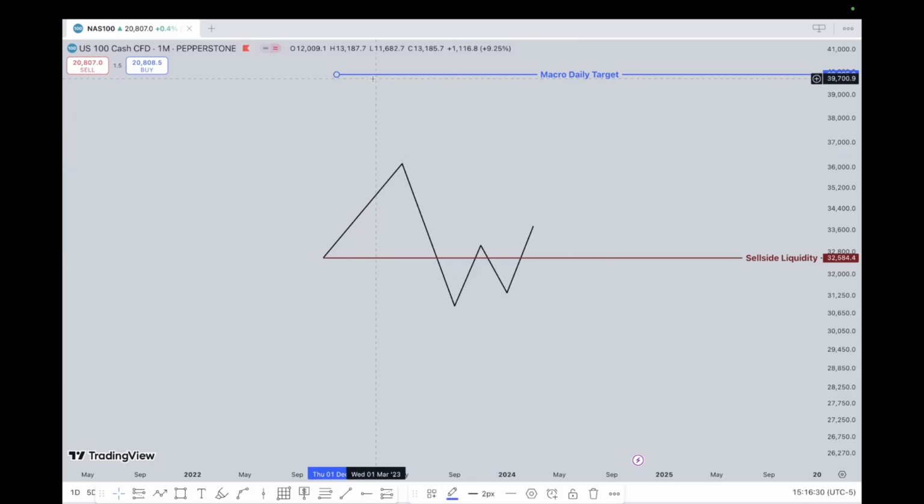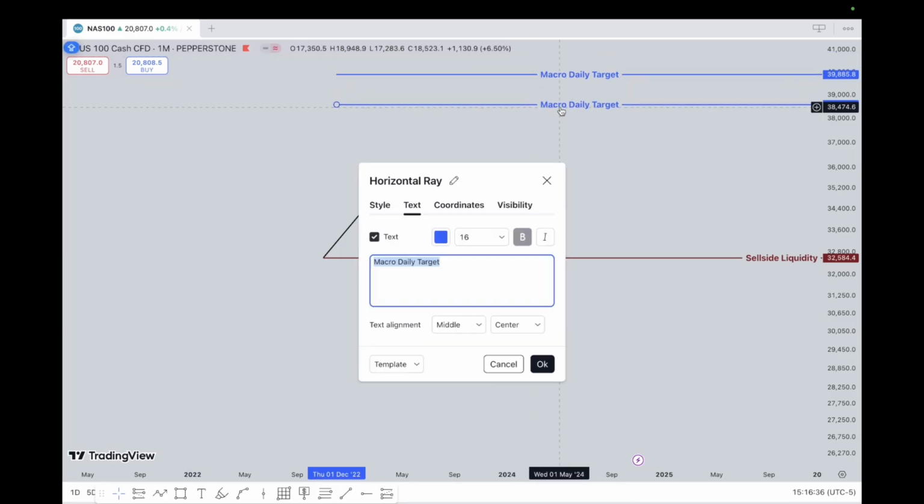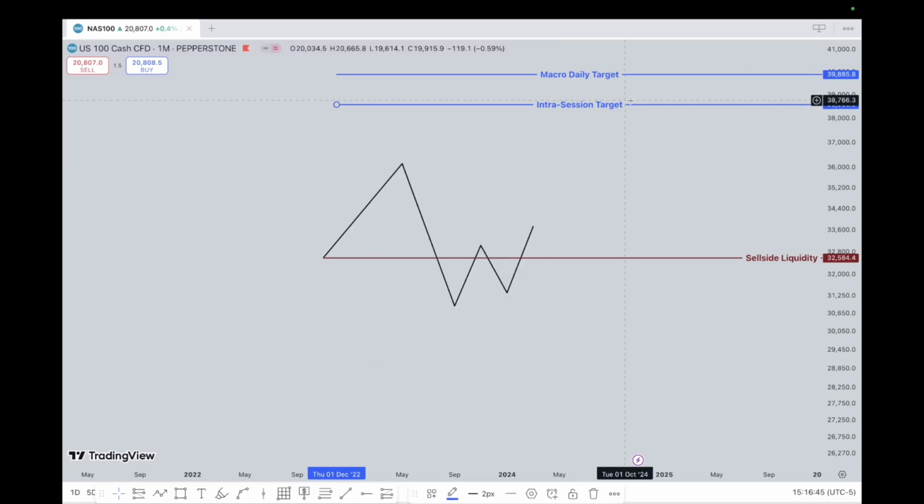All right. There's usually going to be some level of inefficiency or intra-session target, some very high target, but it may not be hit throughout the session. So this is a very far away target, but yet it is achievable throughout the session.